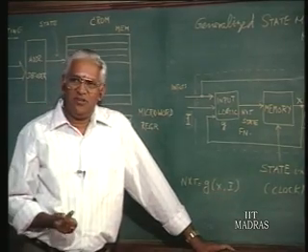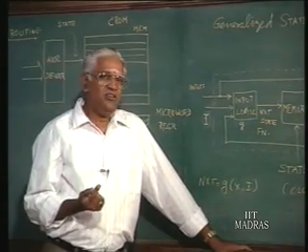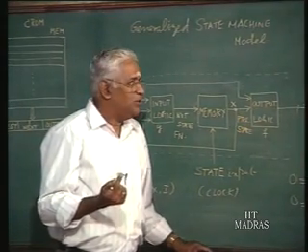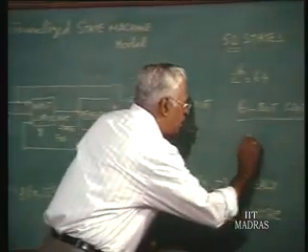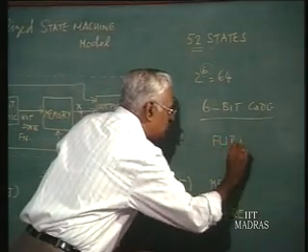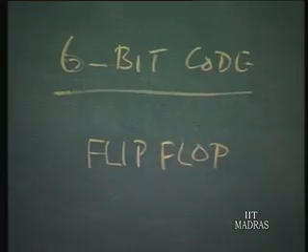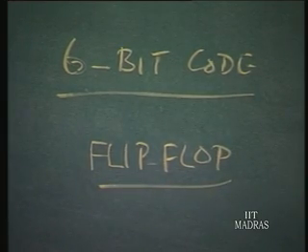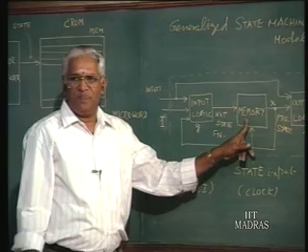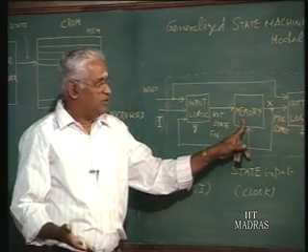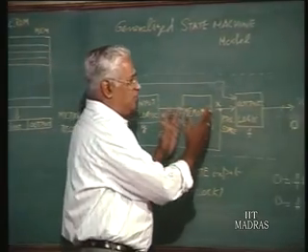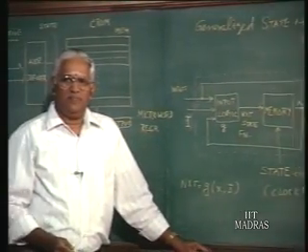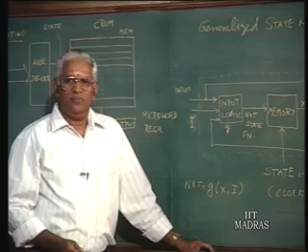A bit is a binary digit, and one binary digit is stored in one memory cell, right? And you all know that a flip flop can be used to store 1 bit, right? So having 6 flip flops in this memory, you can see that this machine goes through all the 52 states, right?